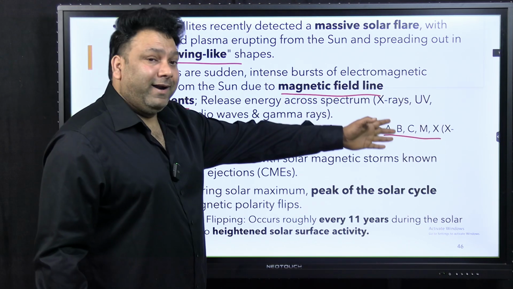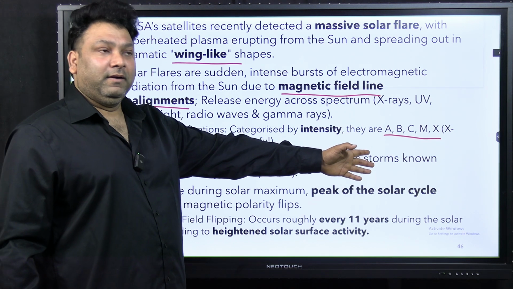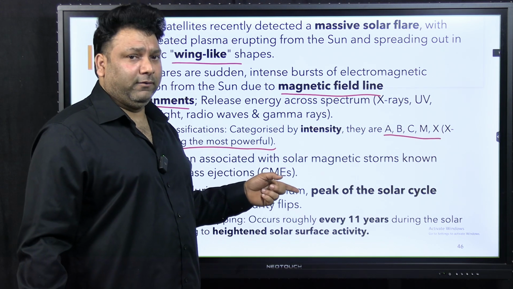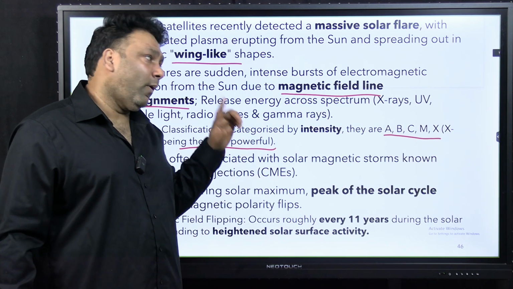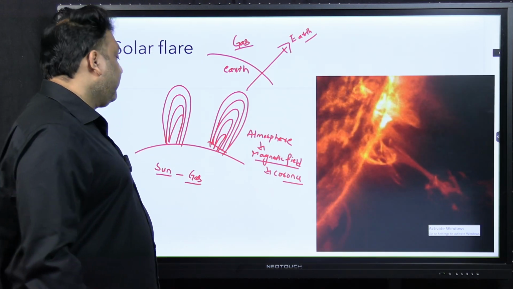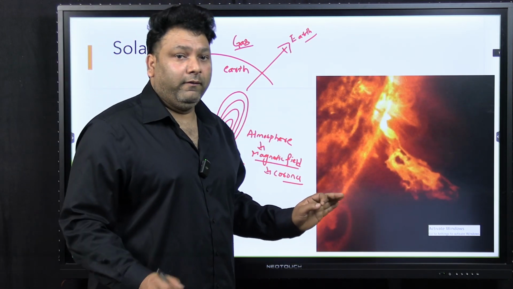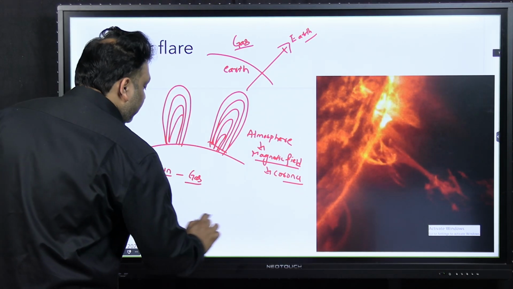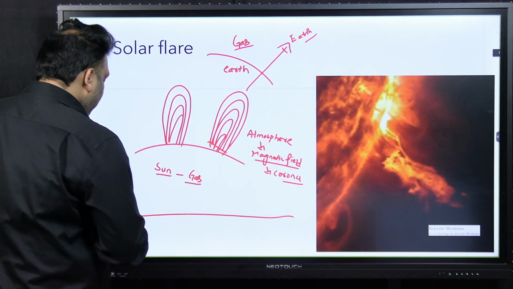Now what all kind of radiation will it release? Again, I guess in the last class or in some of my previous lectures I have told you, the entire electromagnetic spectrum can be released. Wherever you have a source, the entire electromagnetic spectrum can be released.